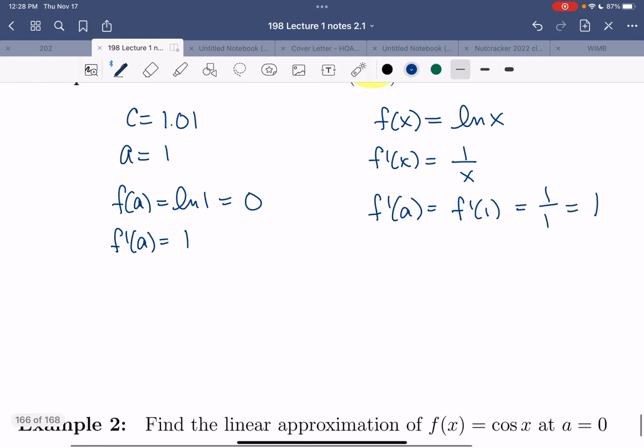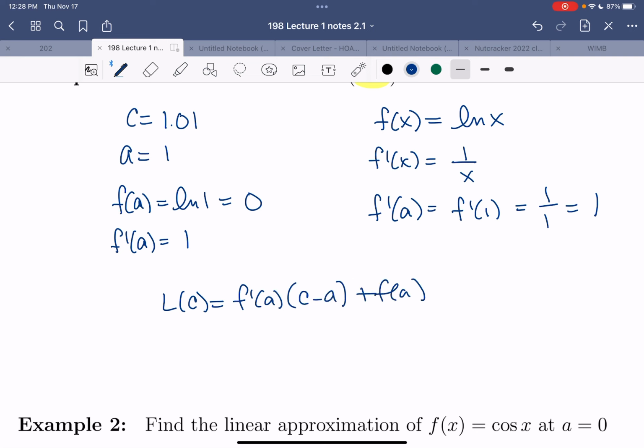And now I can take all of this information to find my L of c, or my L of 1.01. Let me write it down in general first, because that's always good practice. Your L of c is f prime of a times c minus a plus f of a. And I have all four of those numbers.